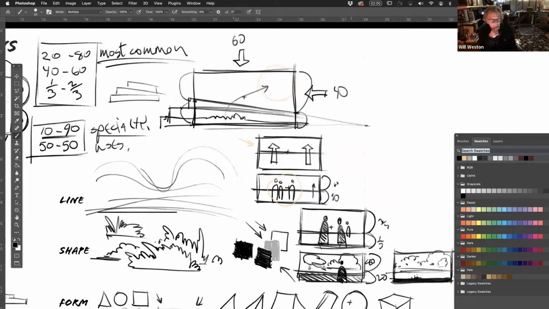So I may come in here and say, right here is the highest point in this foreground that I put in here. You'll notice that it's on the 40-60 line. I'm highly trained, so it's hard for me to not draw within this perspective system. So if I come in here, I might say on 50-50, which is a specialty device used for balance, I'm going to have a tree trunk come out there. Then I may come over here to 1/3, 2/3, and have another tree trunk coming out over here.